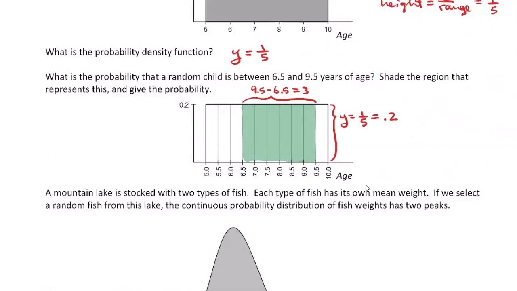The probability that the random variable is between 6.5 and 9.5 is just base times height. So the base is 3, the height is 0.2, so this is going to be 0.6, which you would write as 60%.